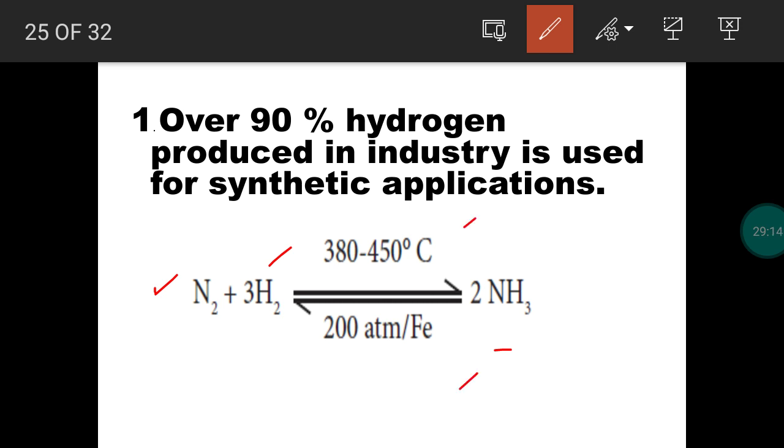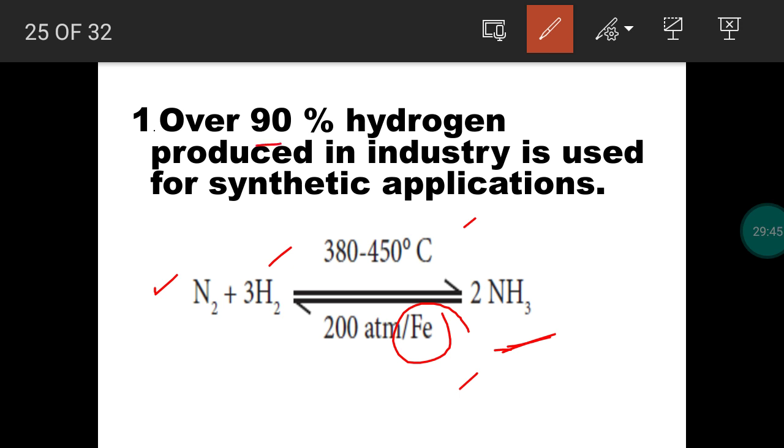For this, we have to maintain 380 to 450 degrees Celsius and 200 atmospheric pressure. The reaction is catalyzed by iron. The rate of the reaction will be increased by the iron catalyst. We get ammonia, an essential molecule for preparing fertilizers and many organic nitrogen based compounds.